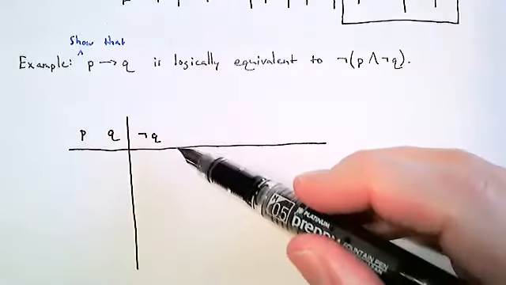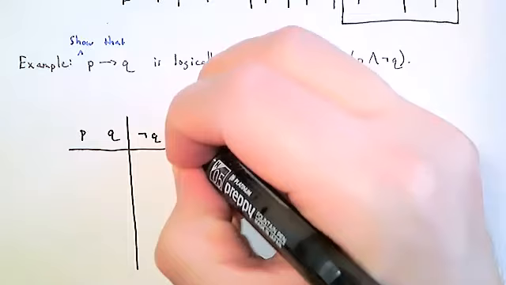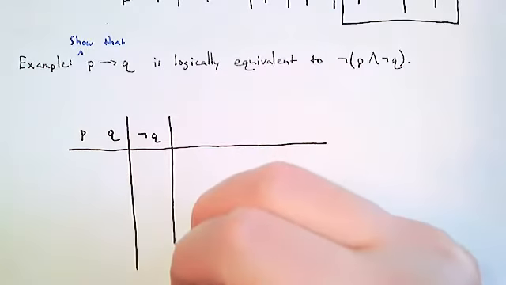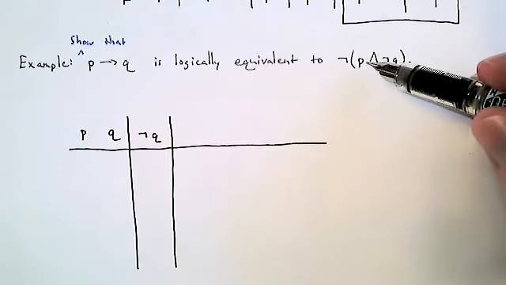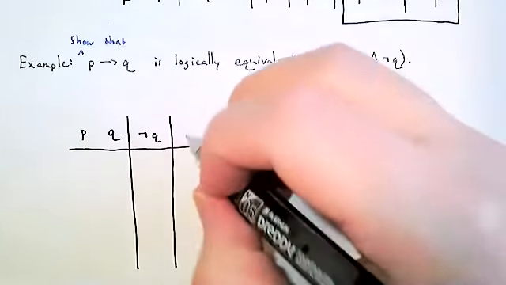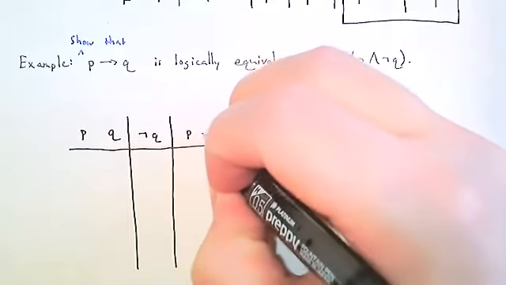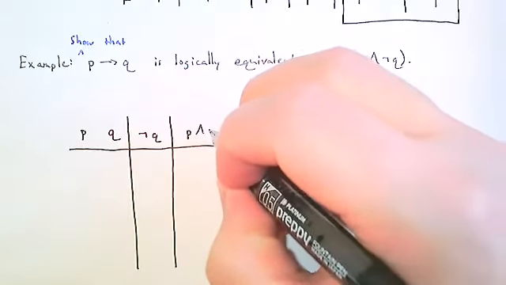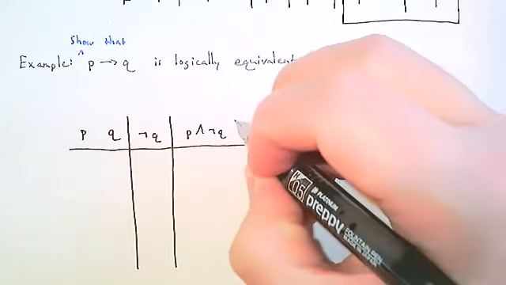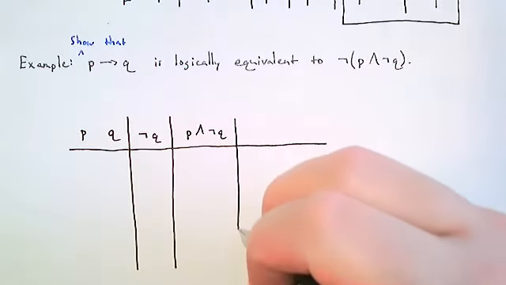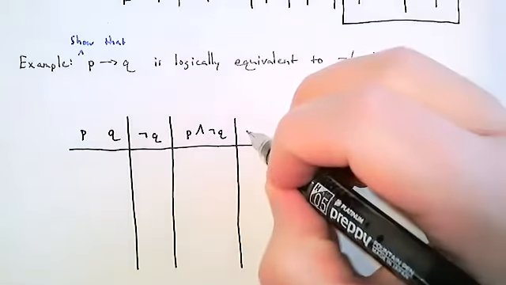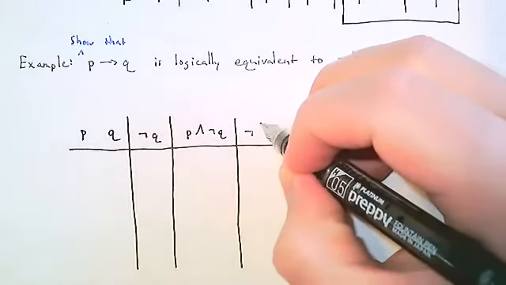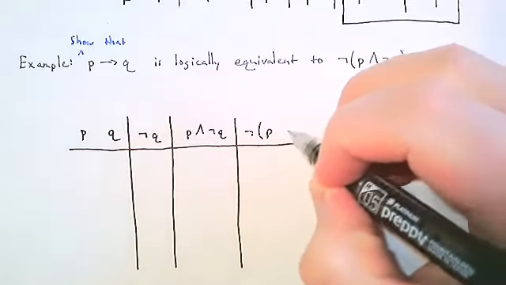So we might start by making a column for it. And then this negation of Q is put together with P in an AND statement. So let's make a column for that too. And then finally, we negate the whole thing. So we put the negation symbol on the outside of the parentheses.